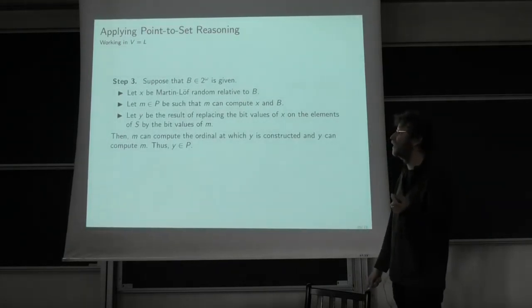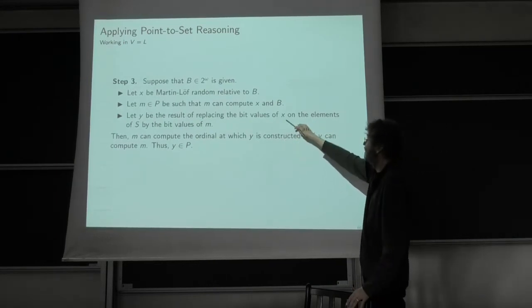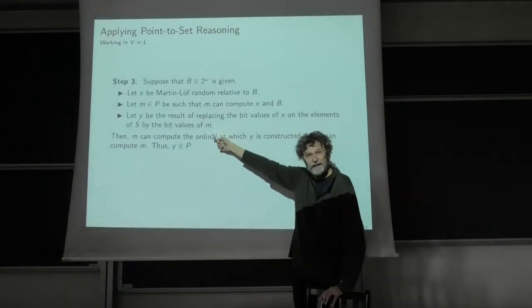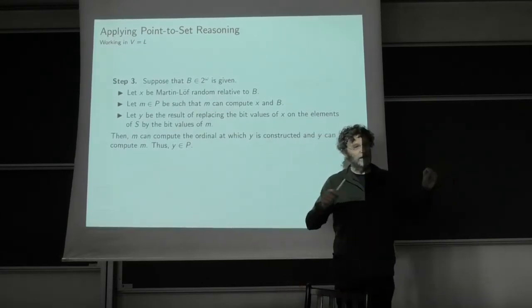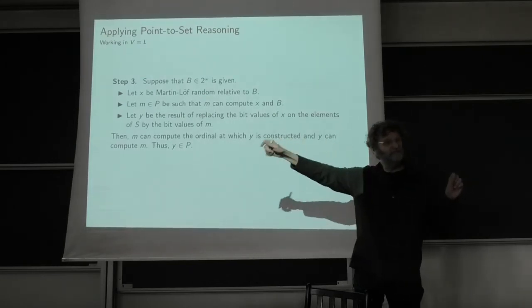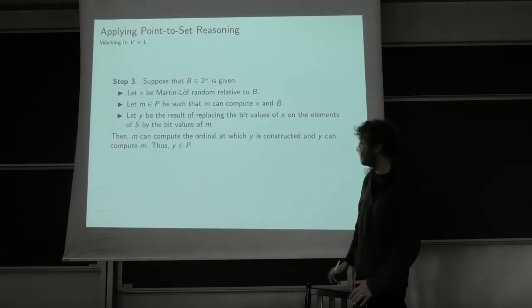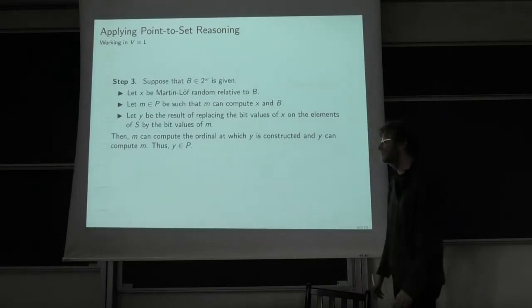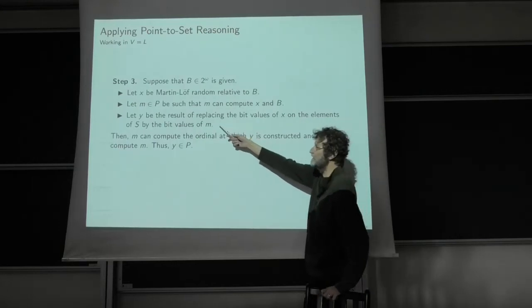Then let Y be the result of changing the values of X on the elements of this sparse set and replacing them by the values of M. So we're going to take the random real, and then on this computable subsequence, we're going to copy M. Y is the result of doing this replacement.